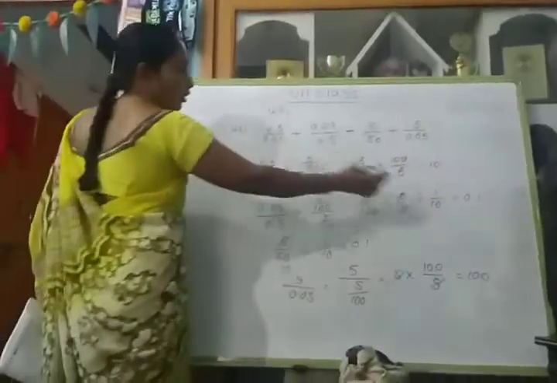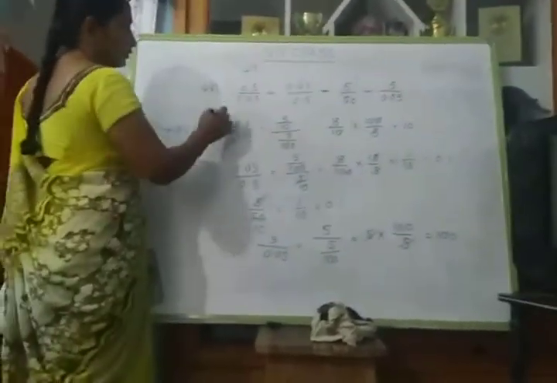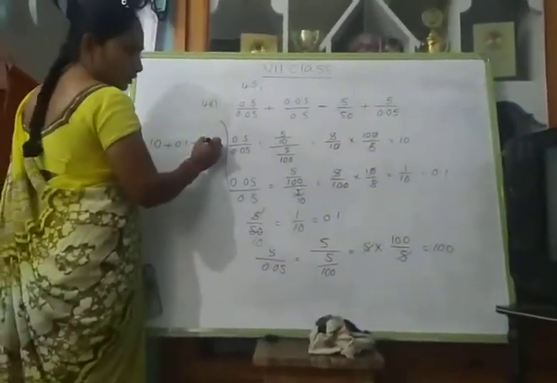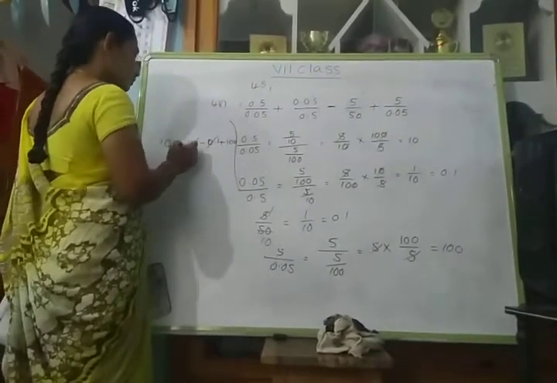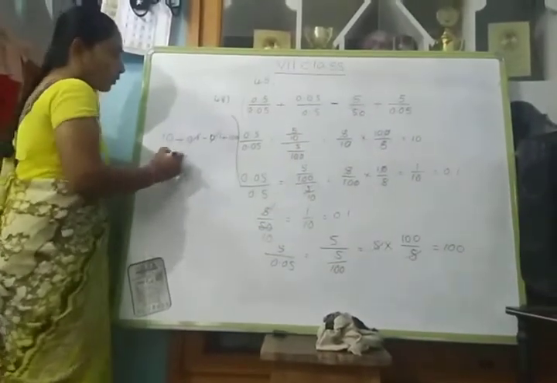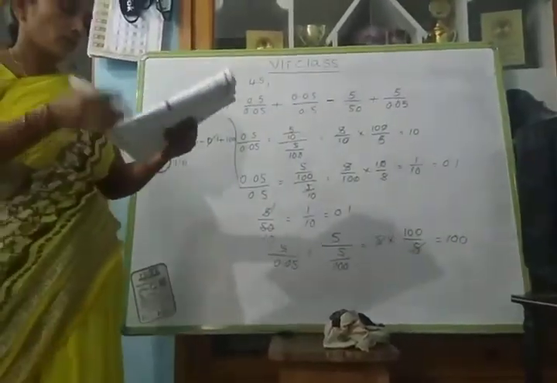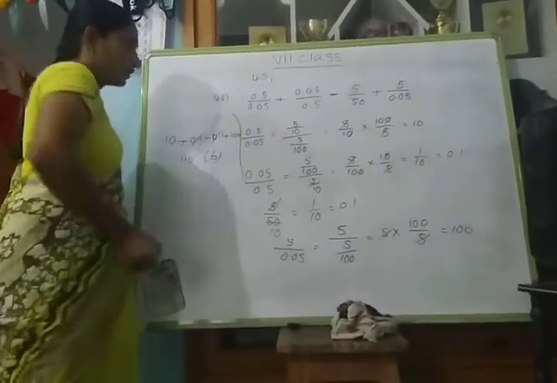Next value, 0.1. Next value also 0.1, with minus. Next value, how much do we get? 100. See, plus 0.1 minus 0.1 we get 0. 100 plus 10 is 110. So what is the answer now? 110 means option B is given.